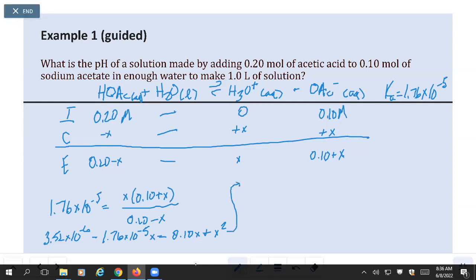So if we combine terms, get everything onto one side, 0 is equal to X squared plus 0.1000176X minus 3.52 times 10 to the negative sixth.